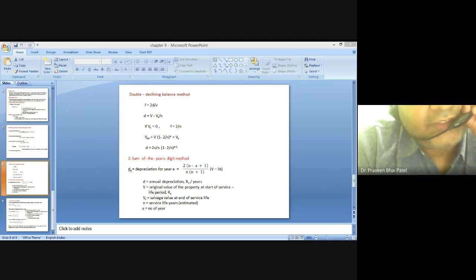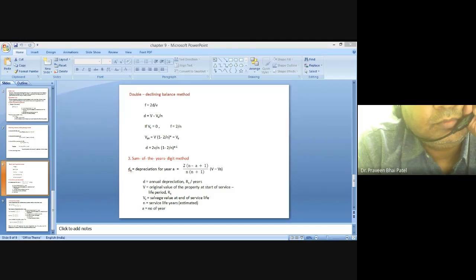So the first year deduction was 6,000, and the second year deduction was 4,800 rupees. What will be the third year deduction? The value for the third year will be 19,800.